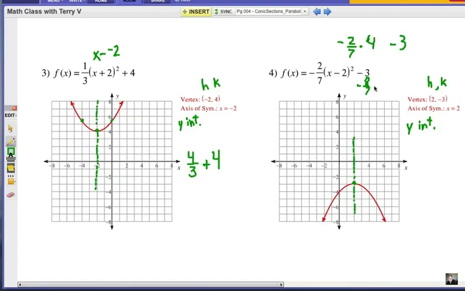Now -8/7 is a little over -1, right? So it's about -1, -3, that's -4, a little over -4. And a little hard to see here, but basically there you go. And if you can mark that there and get an approximate mark over symmetrically on the other side, now you have a balanced parabola, and that gives you an idea of what it looks like upside down.